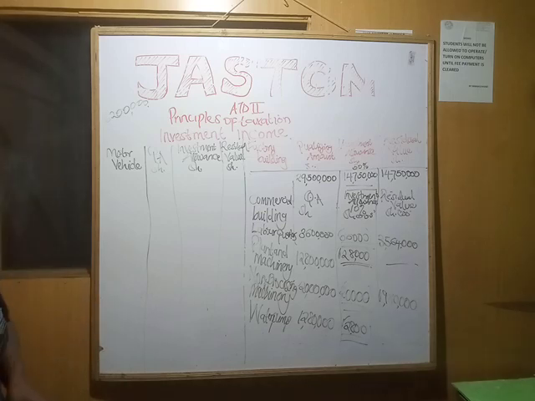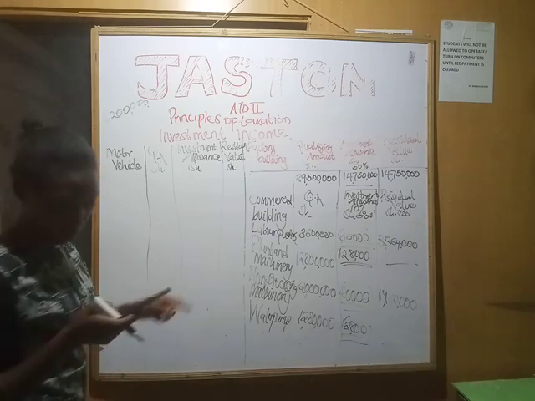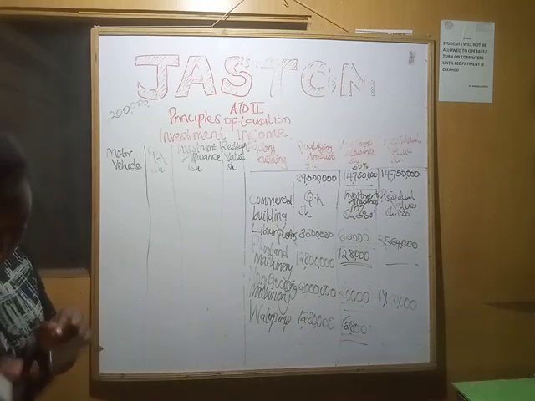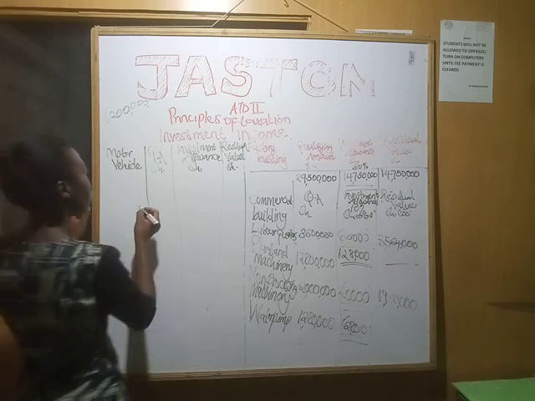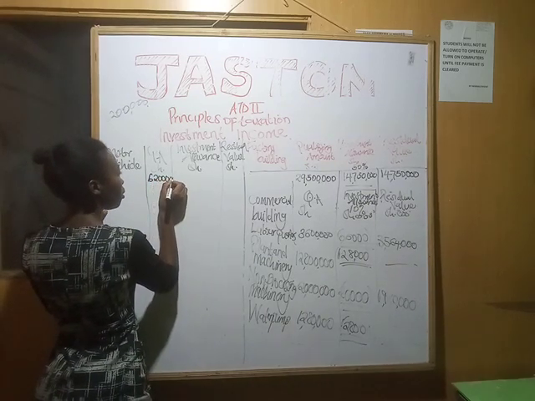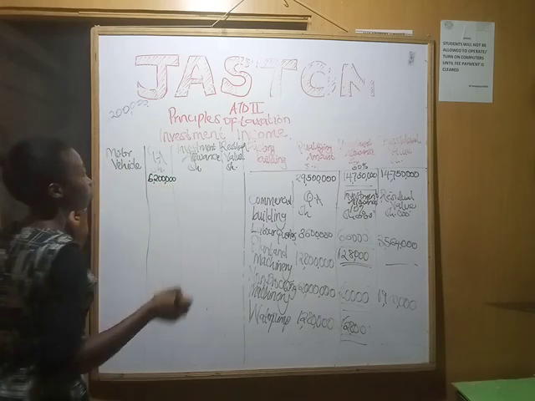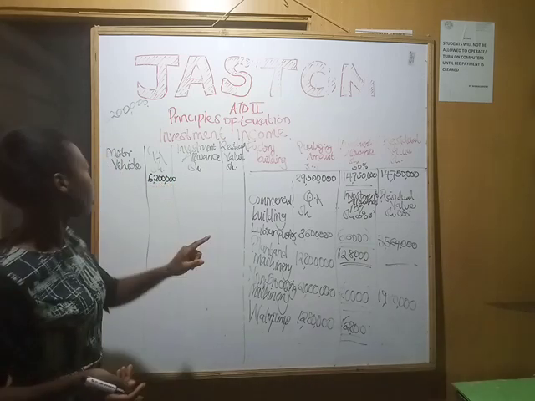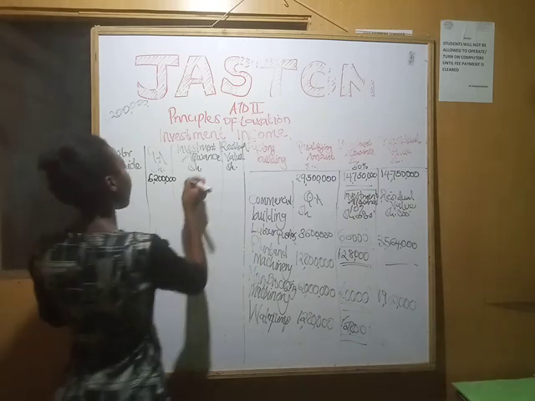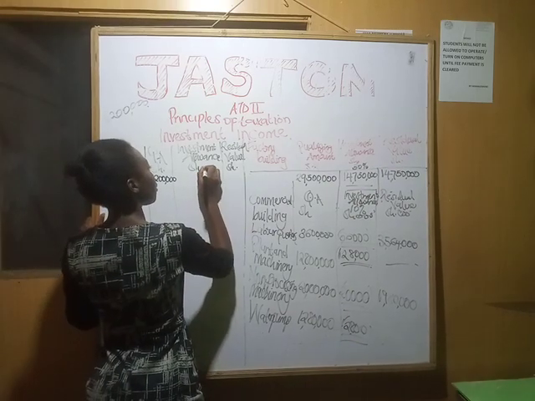So we have our motor vehicles, which is 6.2 million, our qualifying amount, and the motor vehicle has an allowance of 25%.